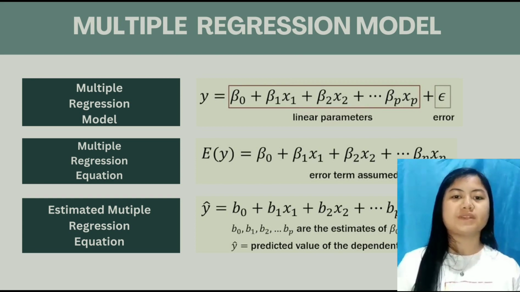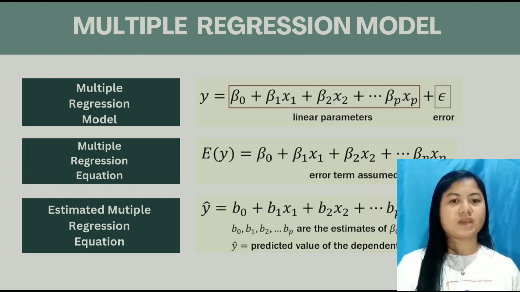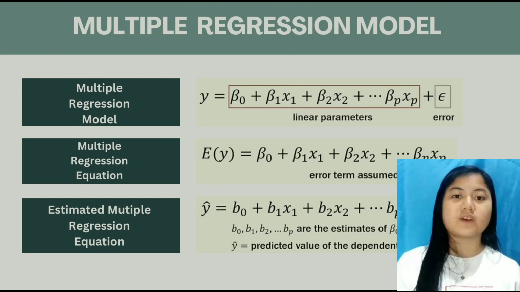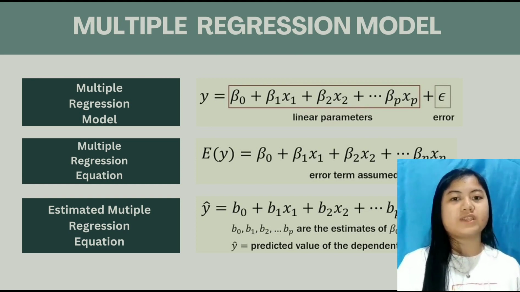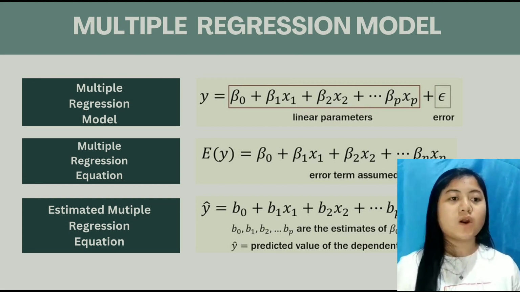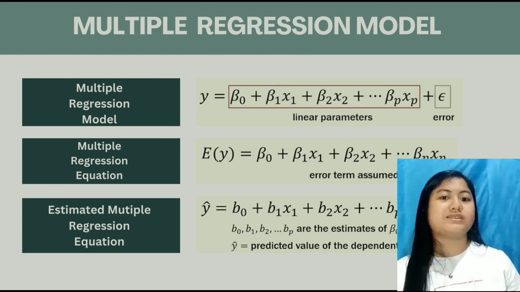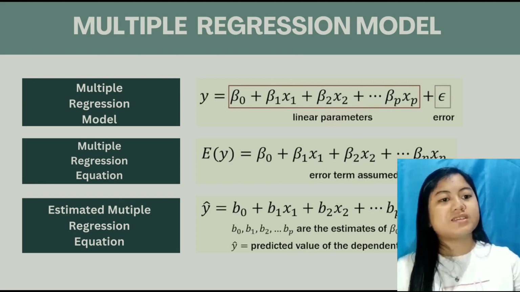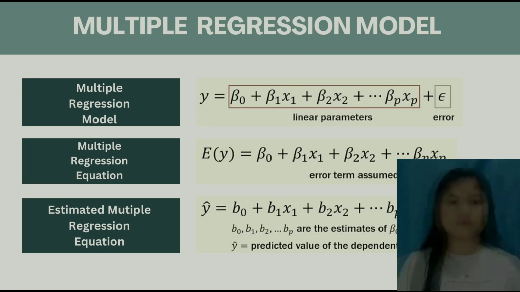The y is the dependent variable, and that is the variable we want to predict. The b0 stands for the intercept, the b1 and the b2 are the coefficients, that is the estimated impact of each independent variable on y. The x1 and the x2 are the independent variables, and the e there is the error term. It is the difference between the predicted value and the actual value of y.